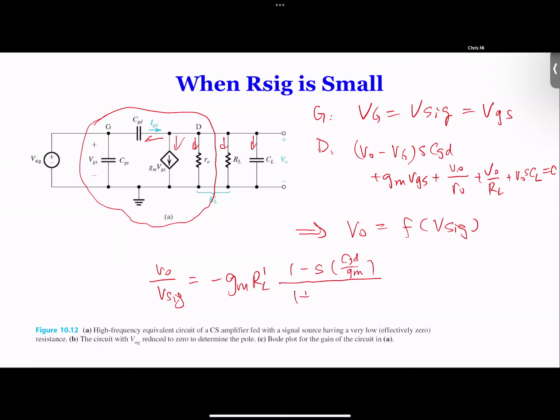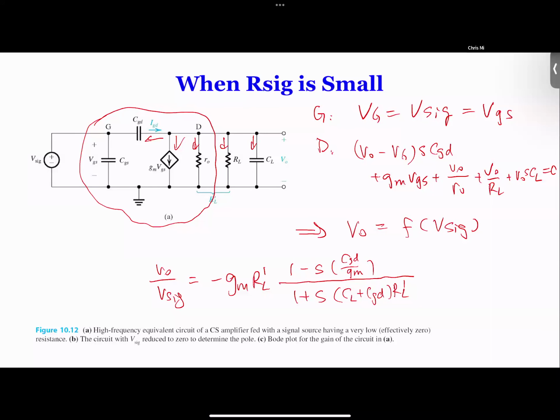And the bottom is 1 plus S times CL plus CGD. So this equation, if you remember what we had for the previous derivation with RSIG, the difference is that we don't have this term. Now we got this term on the numerator.